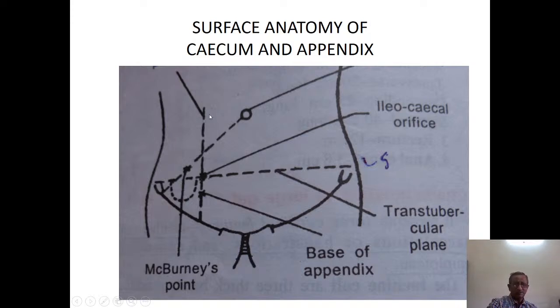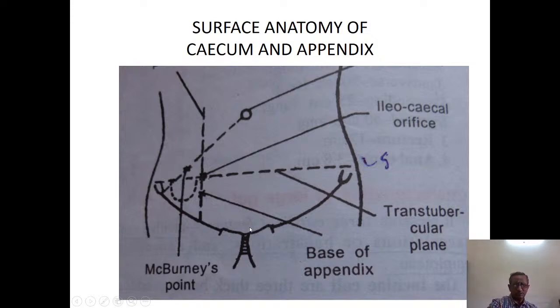If you draw the lateral plane, that is the right mid-clavicular line, coming downwards, then in the area between the transtubercular plane, the right lateral plane, and the brim of the pelvis, we can find the cecum.